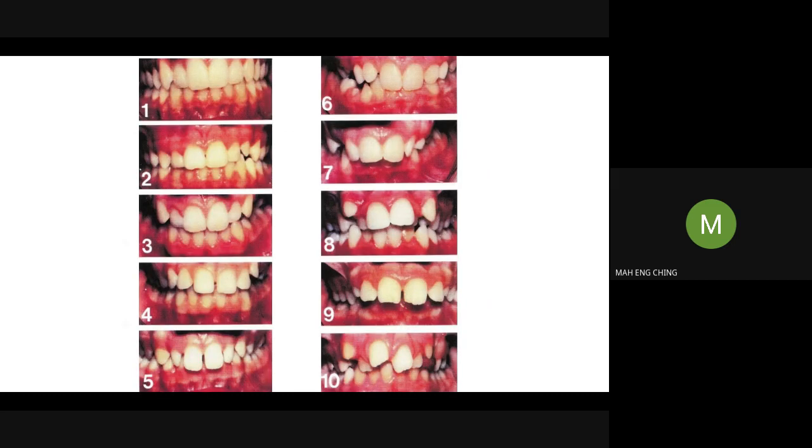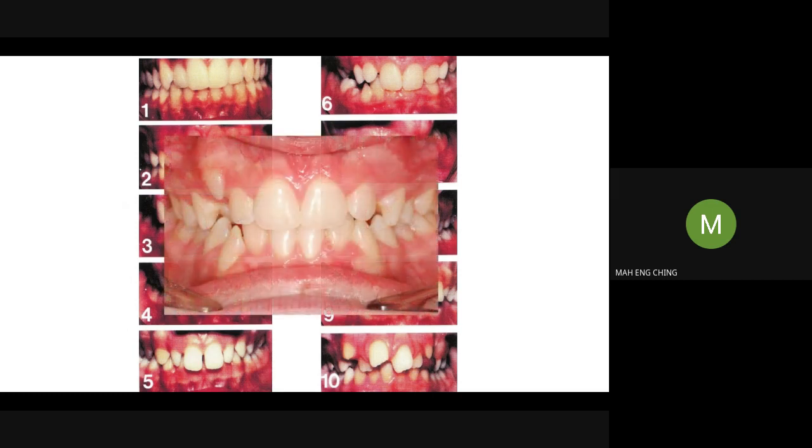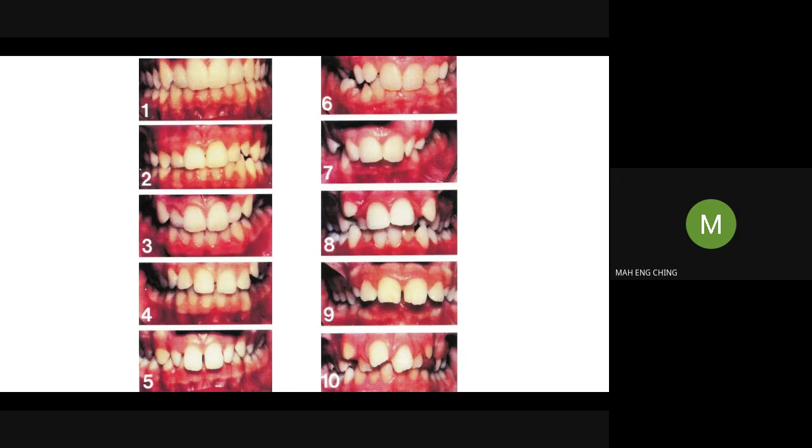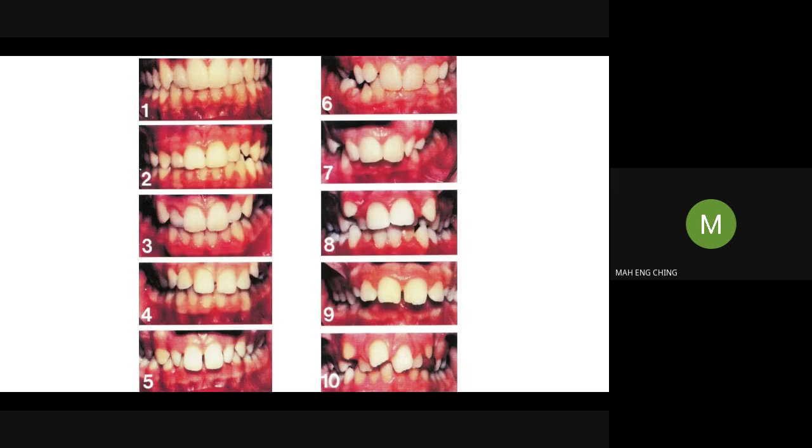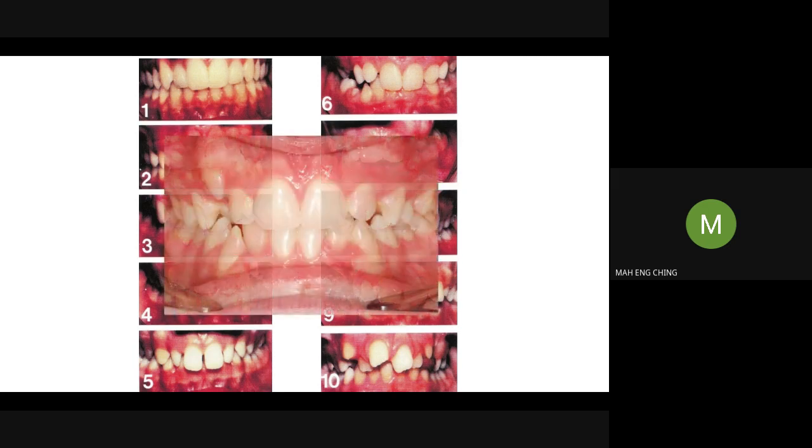Okay, ready? So 1 to 10. What do you think about this patient? What score will this patient get? Someone say something, or class rep say something. From 1 to 10, what score do you give this patient? 4?